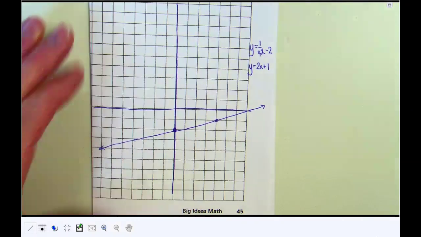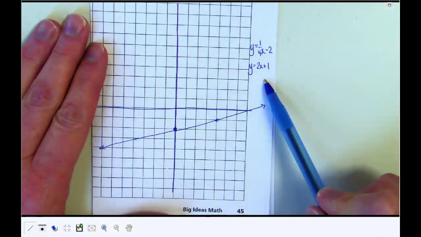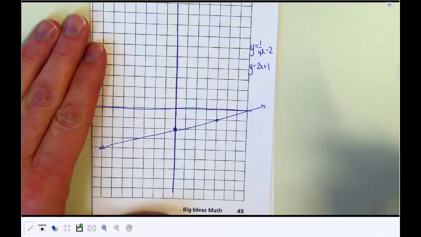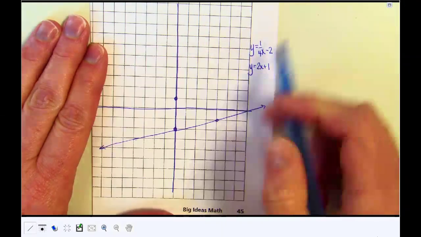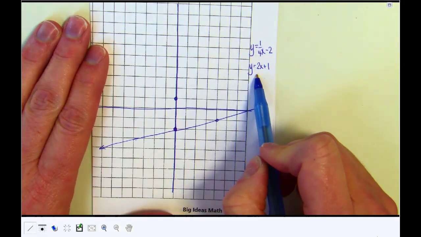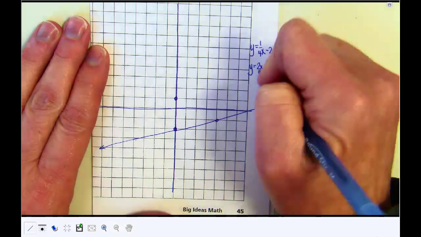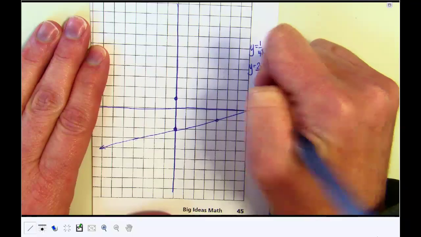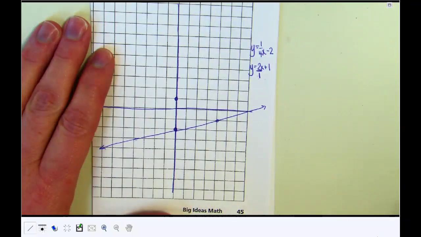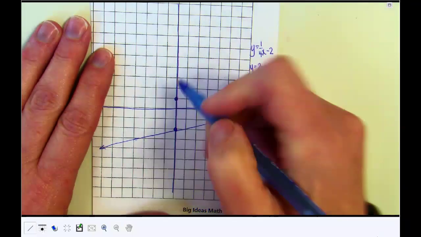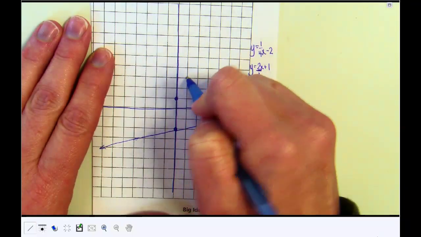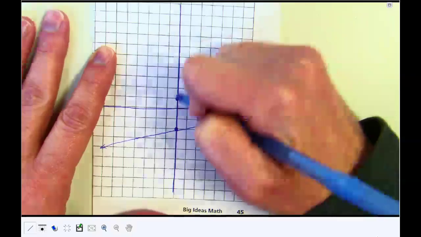On this one, what's the y-intercept? 1. What does the slope tell us to do? Yes, remember, if it's not a fraction, you put a 1 underneath it. So up 2 and right 1. Okay, and then you draw your line.